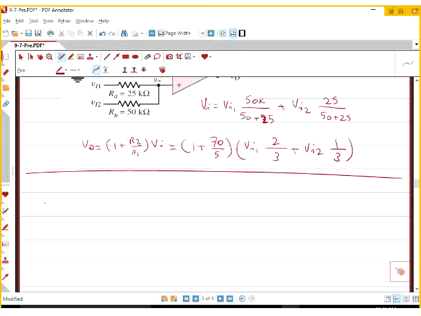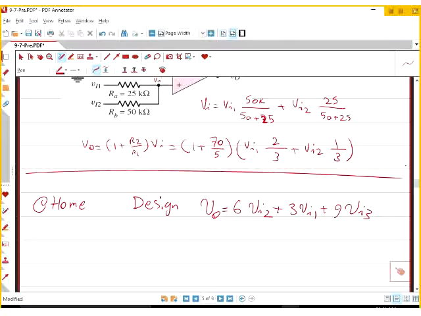So I want you to do this at home. Design a circuit that does this for you: VO equals 6 VI2 plus 3 VI1 plus 9 VI3.